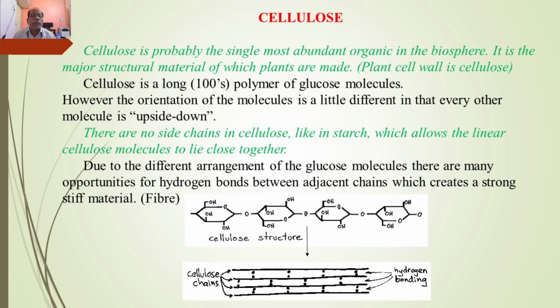As shown in the figure, we can see the cellulose chains. Several cellulose chains have hydrogen bonding between the adjacent chains.